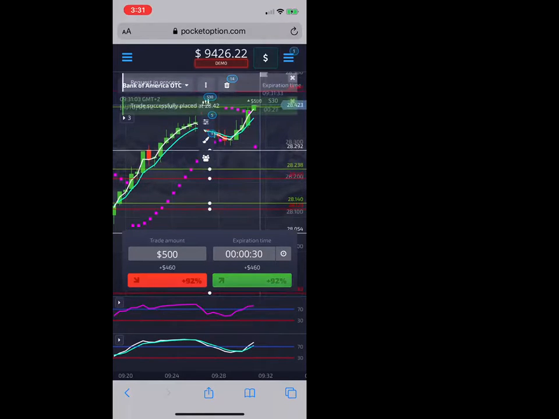So this next candle should be buying. Now I rejected off of that PSR, double parabolic. This one probably going.